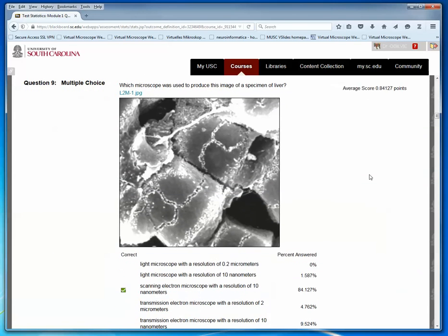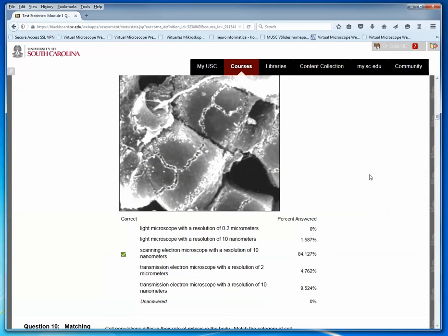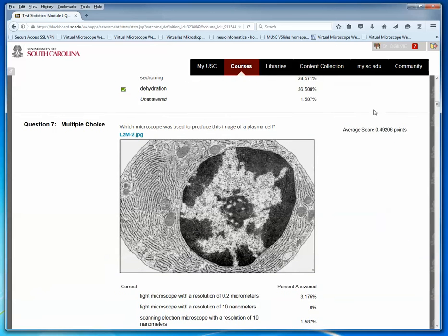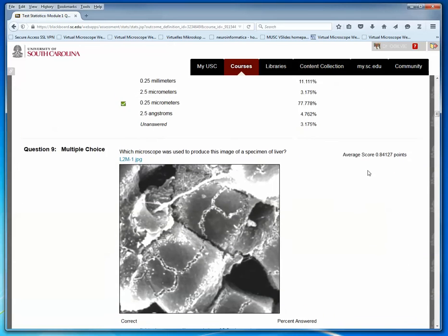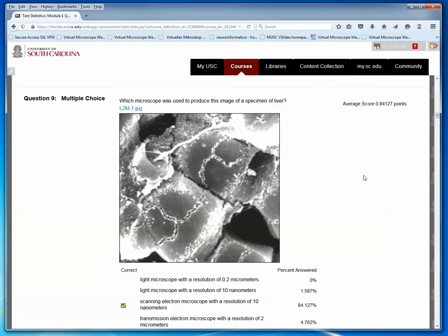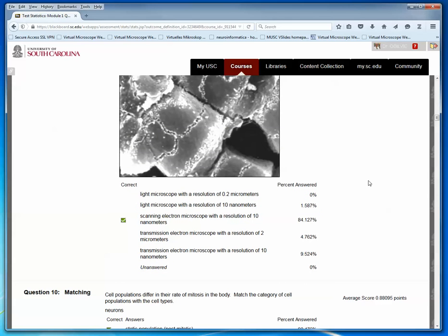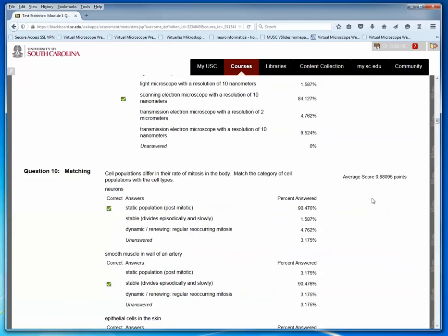The microscope used to produce this is scanning. You see the electrons are bouncing off. Whereas back here on this one, it's a silhouette. The electrons are passing through the very thin specimen. But this specimen would have some bulk to it, and the electrons come down and bounce off and go into a collector tube, and then they're visualized on a cathode ray tube. So that's a scanning electron microscope.